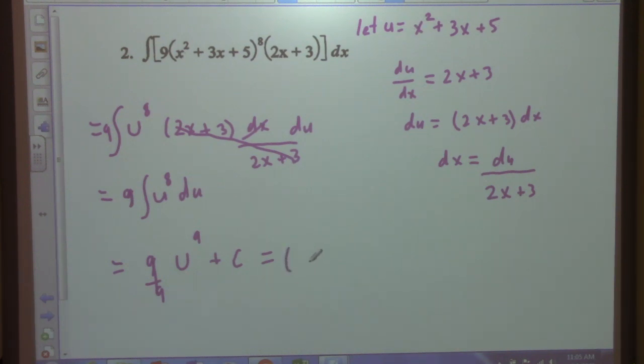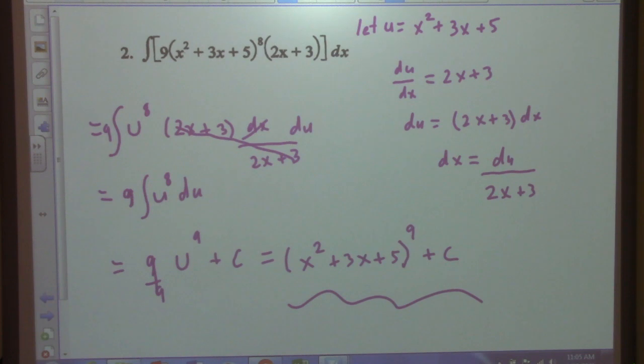So we have x squared plus 3x plus 5 to the 9th power plus c, and this will be your answer for that. Does that look that bad? It might take a tad more practice, but that's where we are. We are doing practice on these things. So that's it.